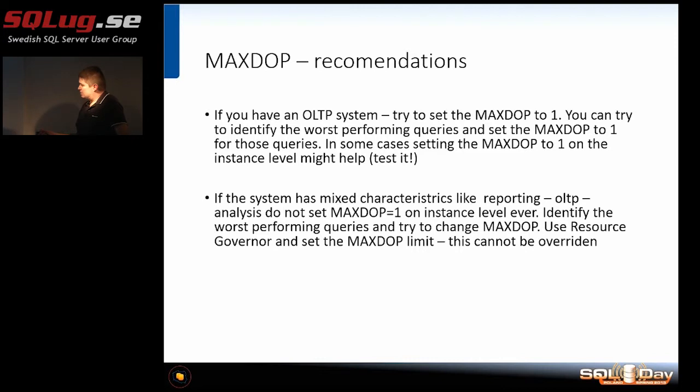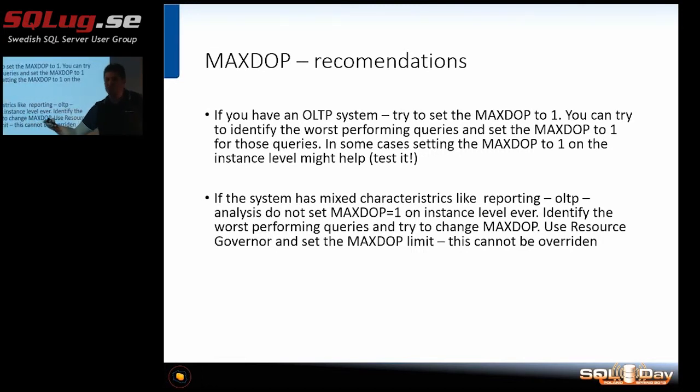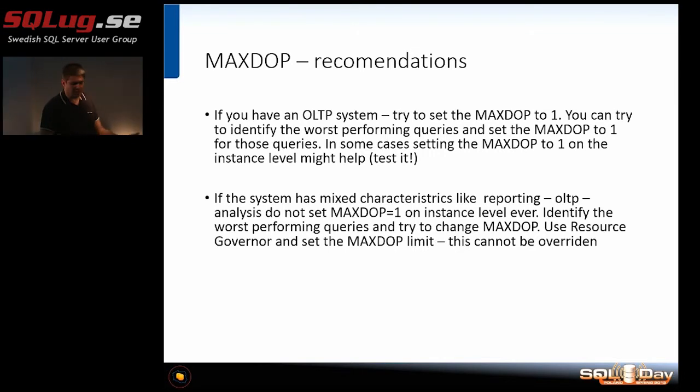If your system is, let's say, a mixed one, so you have some reporting, some OLTP, and also analysis, you can't set max DOP to 1 on the instance level, because you will lose on reporting. Reporting is a parallel operation, yes? Columnstore index. So parallelism is really welcome in this operation.